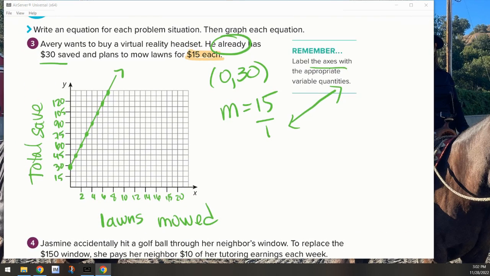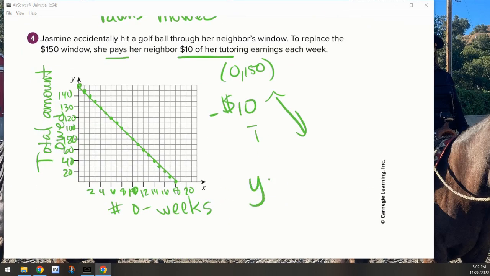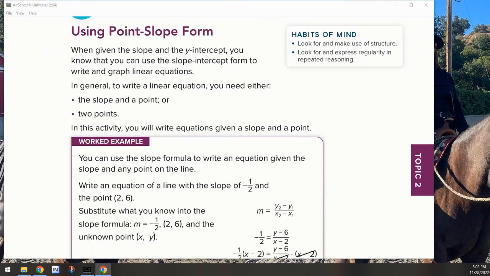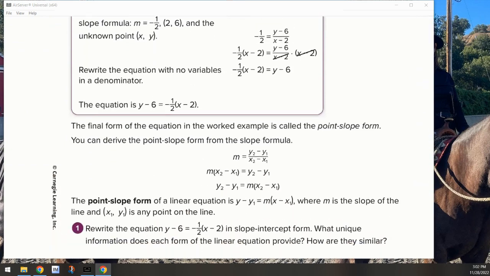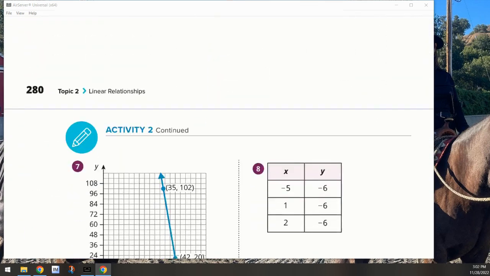So, we were supposed to write an equation. So up here, it was 15x plus 30. Down here, we subtracted 10 each week and we started at 150. We are not going to do it like this.